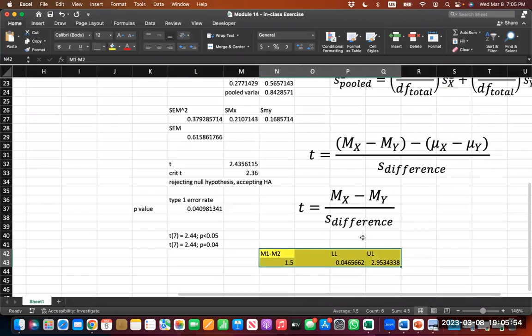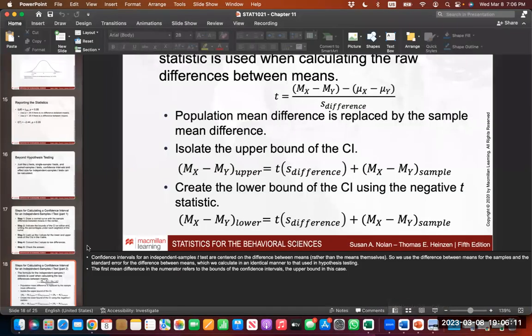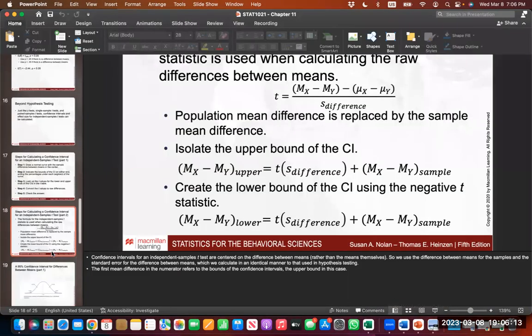That would be 0. So 0 is not contained in this difference. You're testing it against your null hypothesis of 0. If this is not contained in your 95% confidence interval, you would reject the null hypothesis as this being significantly different. Good. Any questions?